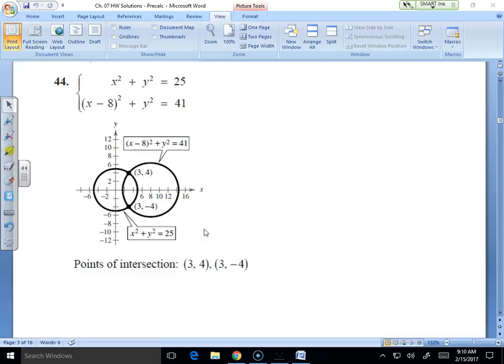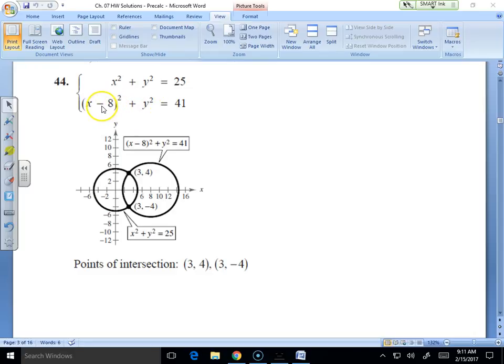Number 44. Were you guys using math or were you using your grapher? Grapher, really, to solve graphically? Okay, I would have rather done it with math, but that's okay. If it says solve graphically, couldn't you just use a circle centered at 0, 0 with radius 5? How do you graph this circle by hand?